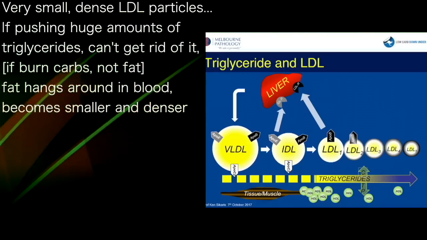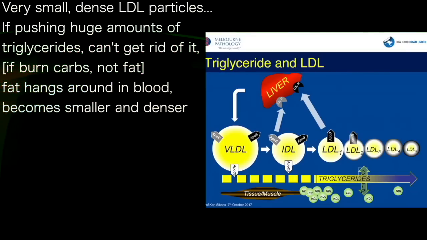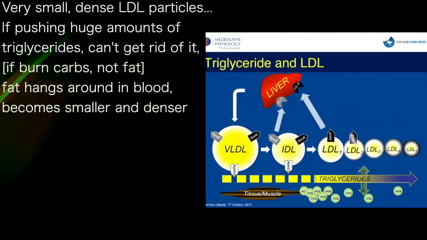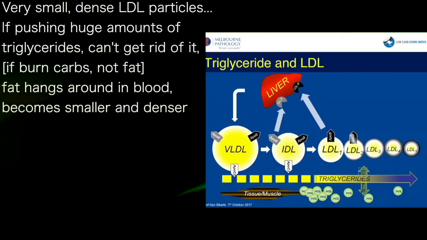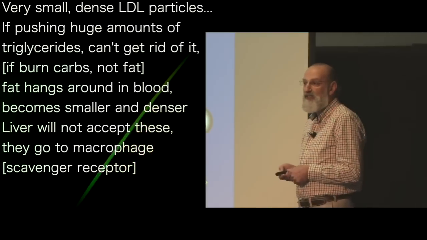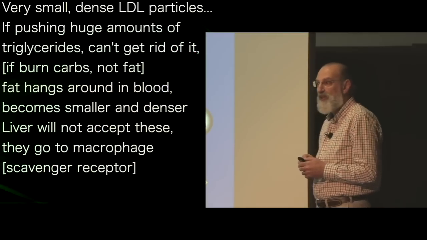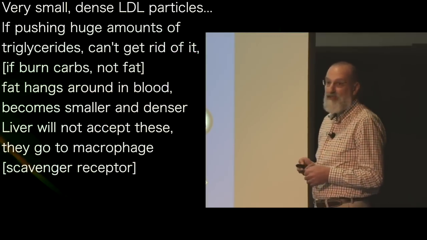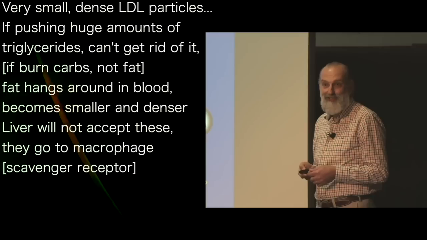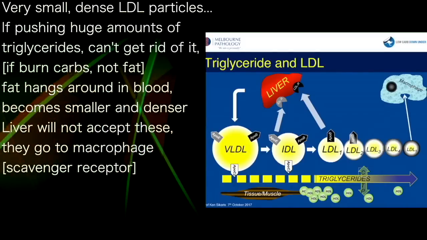That fat that stays in the blood, because of this action of a transport protein, means that the LDL just hangs around longer than it should and becomes smaller and dense, small and dense. So now this particle here can't go back to the liver. The liver doesn't want a bar of it. So the only place it can go is into the waste disposal system of the body, which is the macrophages. And so it goes into the scavenger receptor of the body.